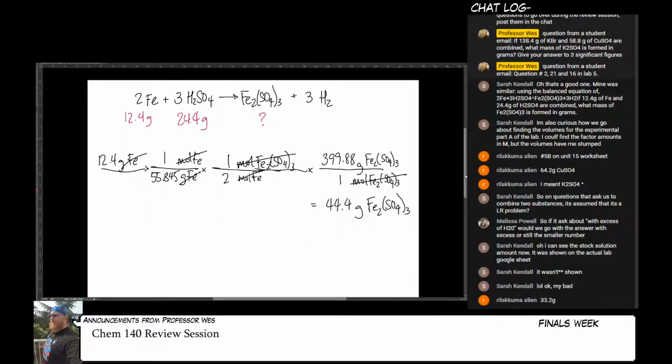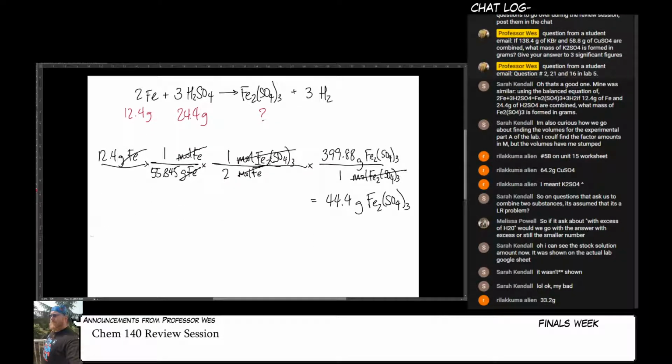All right, so let's do the next one. Which will then turn into moles.